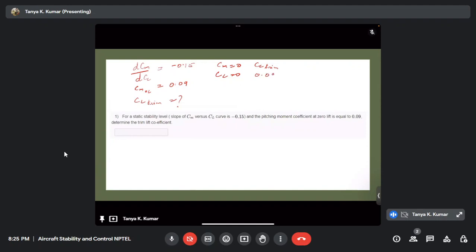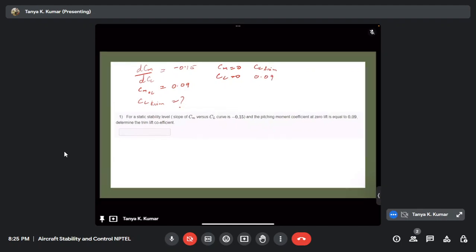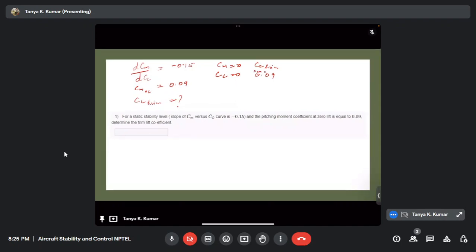So you take 2 points on the graph, one where Cm is 0, one where Cl is 0. You take your Cm versus Cl graph like this. You take 2 points, one is this and one is this. You already know the slope.